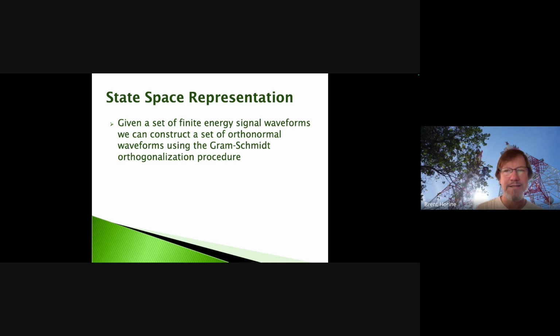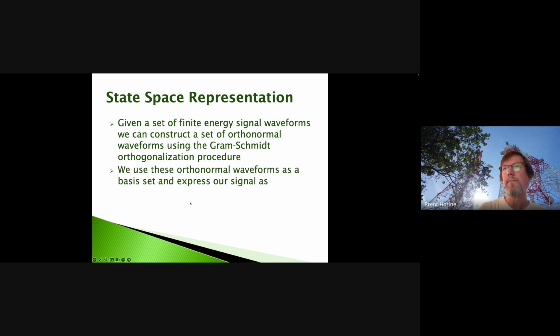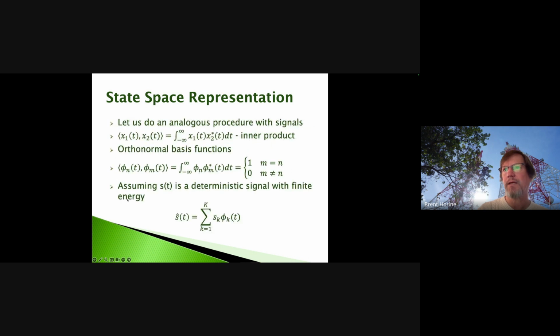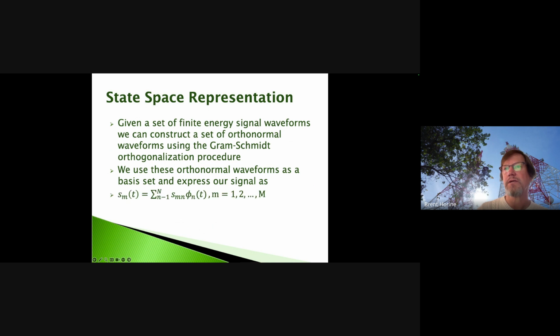We're going to skip over this for the sake of time, but if you ever need to do that, there is a fundamental, methodical procedure on how to create a set of orthonormal waveforms, so you can generate them. We use these orthonormal waveforms as a basis set and express our signal as this, right? So this is the same equation, maybe in a slightly different form, but it's doing the same thing.